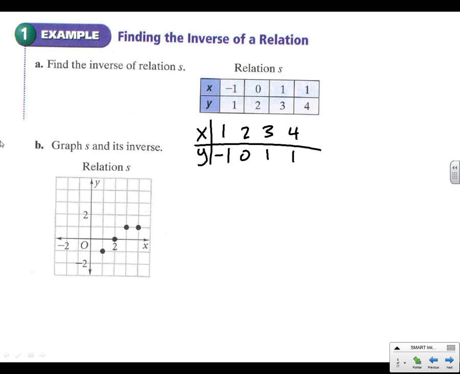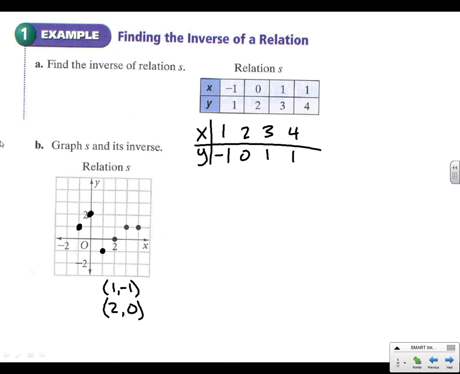All right, we can do the same thing graphically. This point right here is 1, -1. So we're going to make it instead -1, 1. This point right here is 2, 0. So we're going to make it 0, 2.